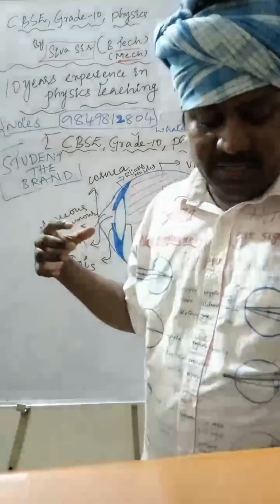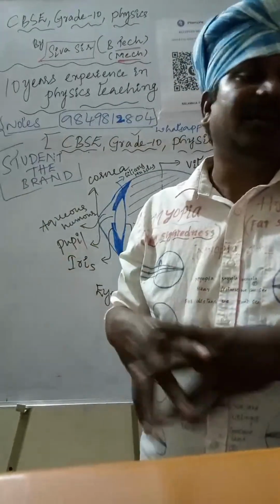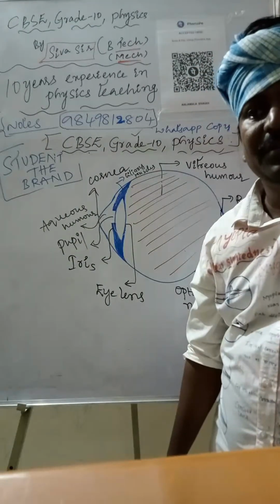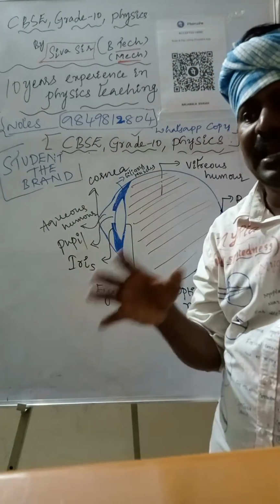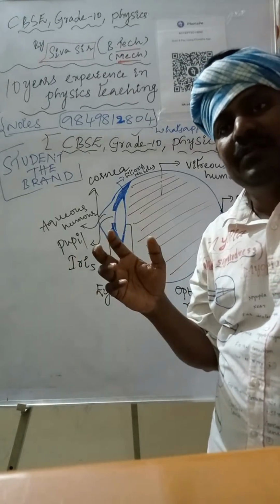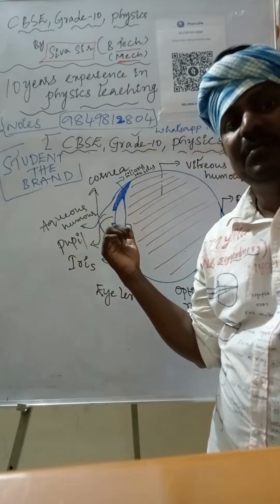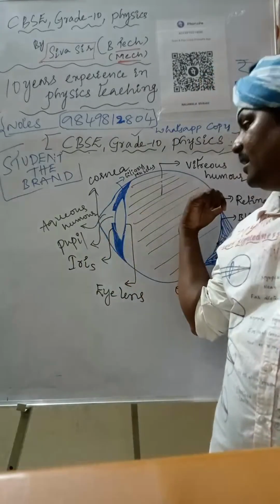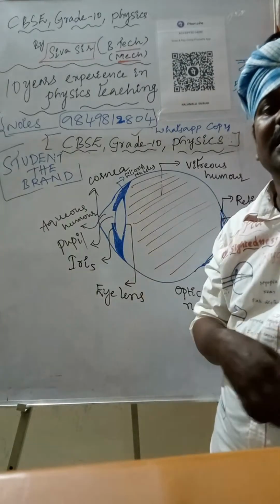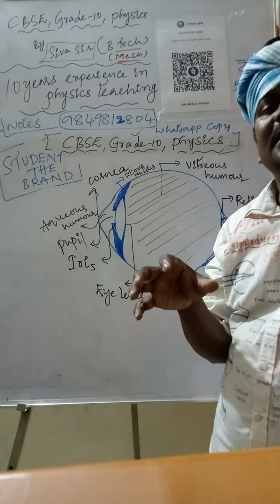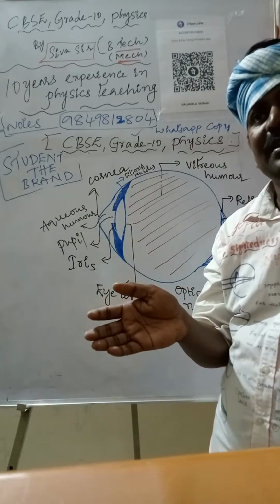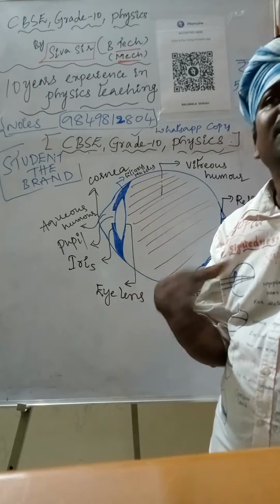Coming to the retina, the retina is a light sensitive screen where the light rays will meet at this point. This is the retina. The image will form at that point.